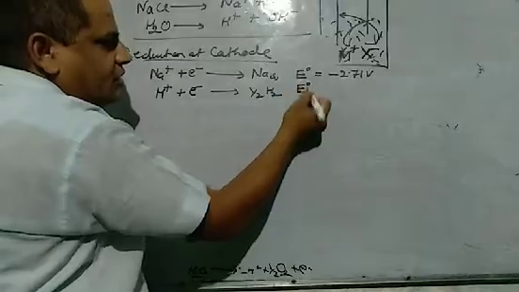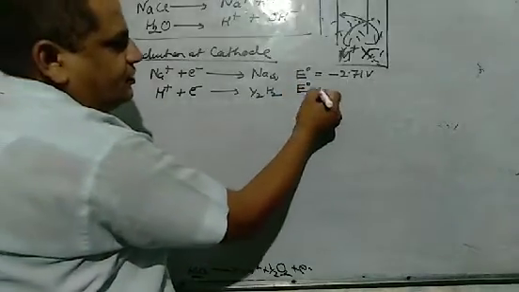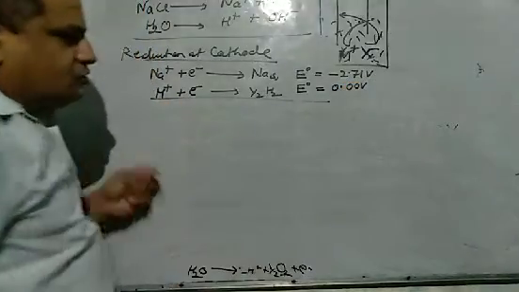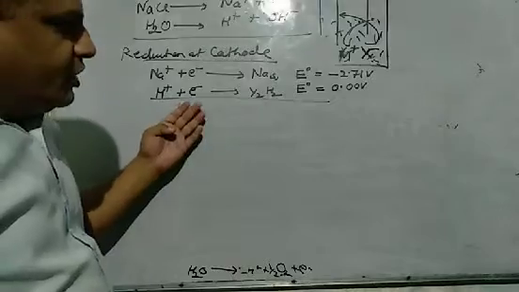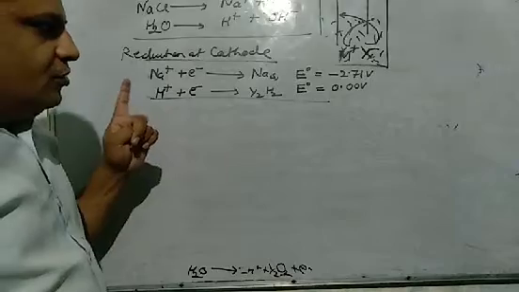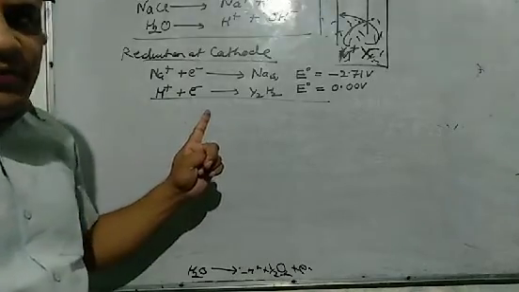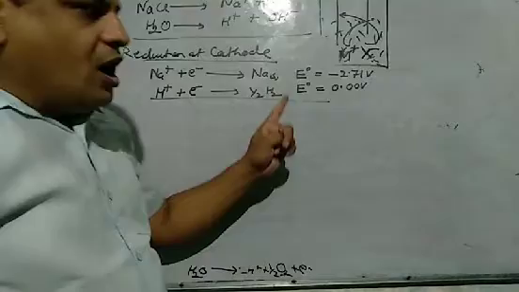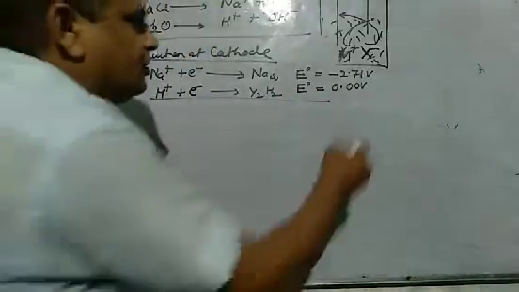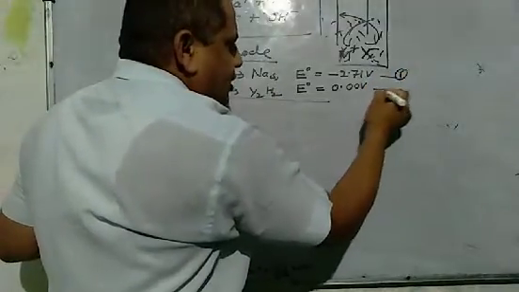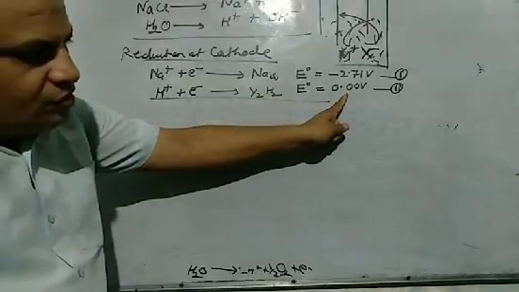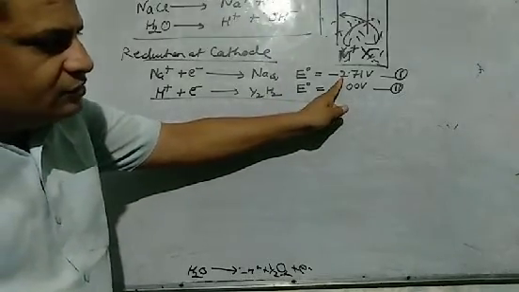Here the standard electrode potential for this reaction is 0.00 volt. When two reduction reactions are possible at the cathode, then only that reaction occurs preferentially which has the higher value of standard electrode potential. Here the standard electrode potential for reaction 2 is more than that of 1.